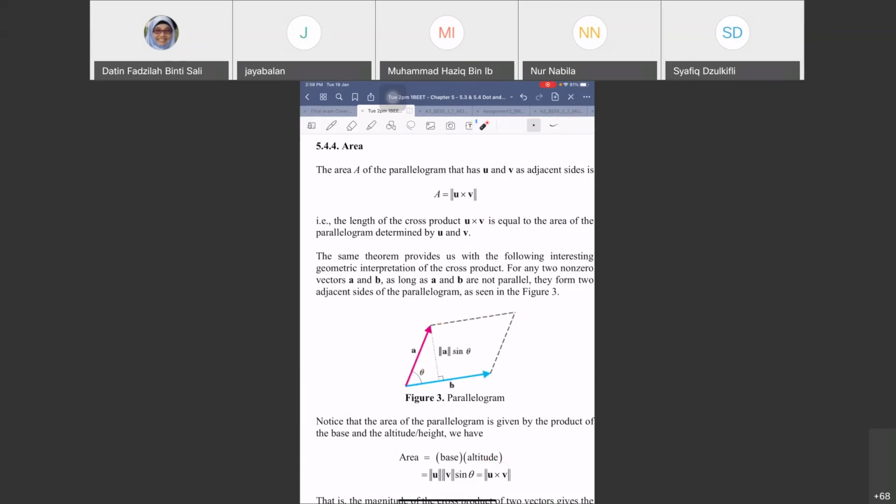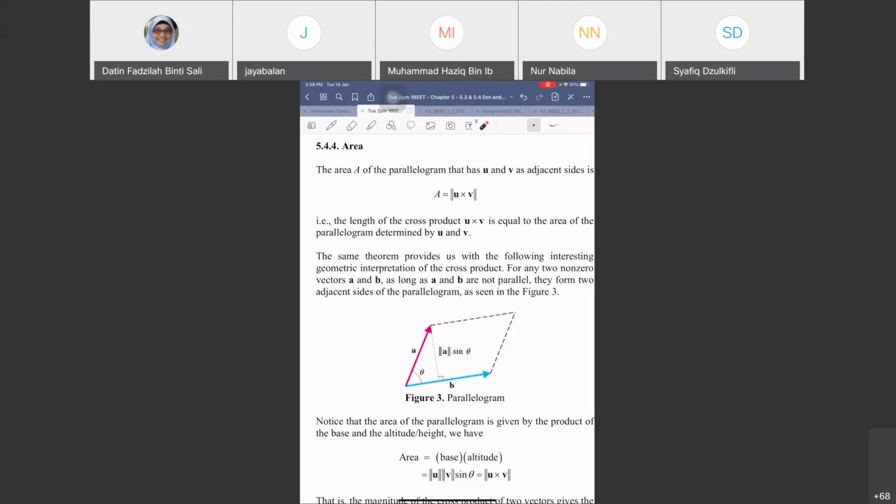That's why when we talk about the area of a triangle, we cut our parallelogram into half and we get our triangle. So our formula for the area of a triangle is half times base times height. We came across that during trigonometry.